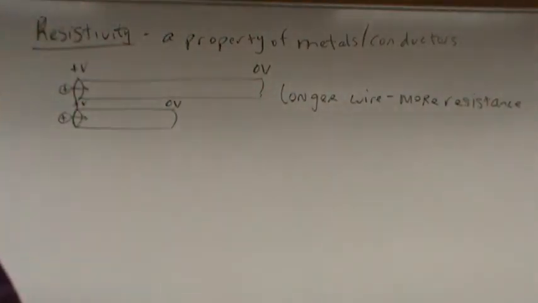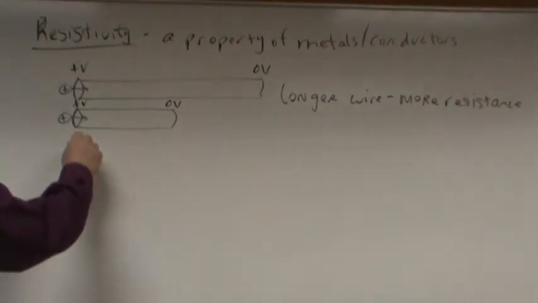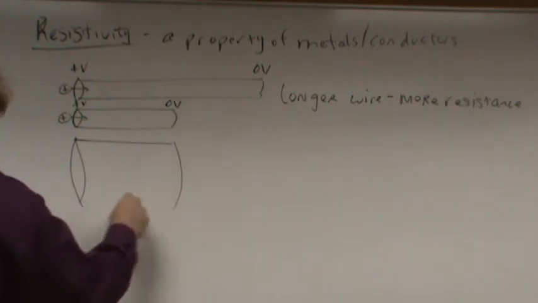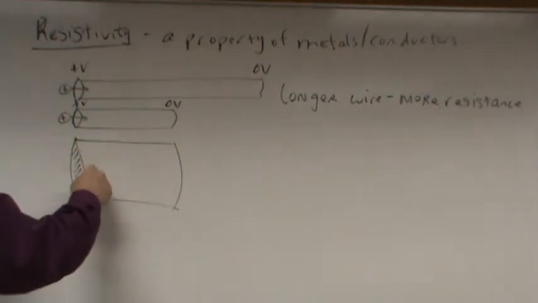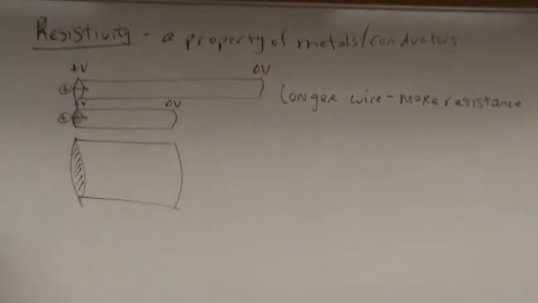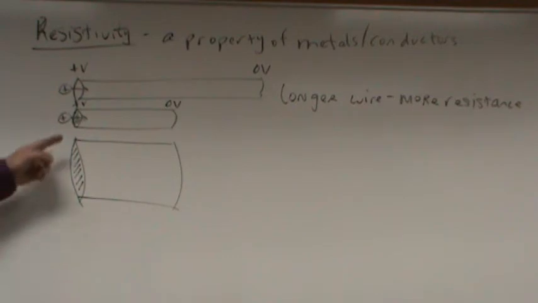But let me give you another wire. How about this wire? It's the same length as that wire, but has a much greater cross-sectional area. Now, which wire has the greater resistance?